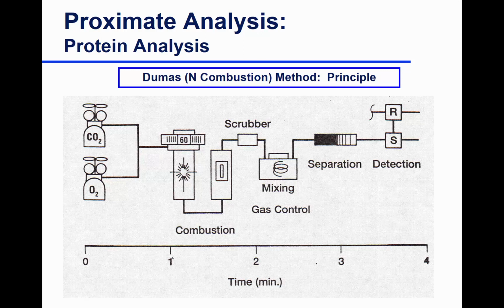If you only have a scrubber for liquid, for example, then you are separating all the other gases using a chromatography column, and then you have a thermal conductivity detector. But in our unit, we have multiple scrubbers to get rid of all of the other gases and only allow nitrogen to go to your thermal conductivity cell detector.